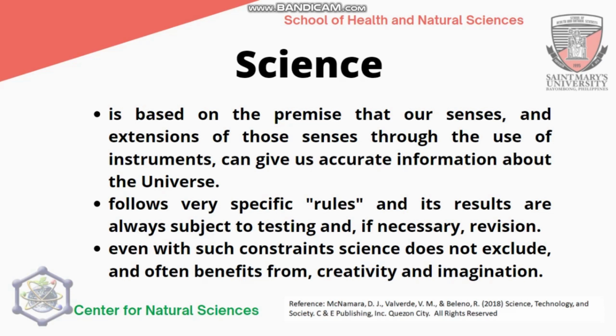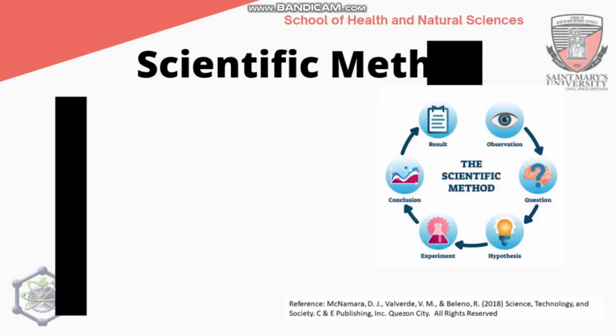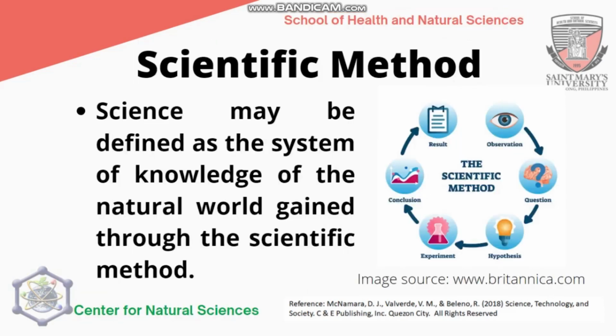Even without such constraints, science does not exclude and often benefits from creativity and imagination. So, one of the scientific attributes and traits. And science follows the scientific method. Science may be defined as a system of knowledge of the natural world gained through the scientific method as illustrated.